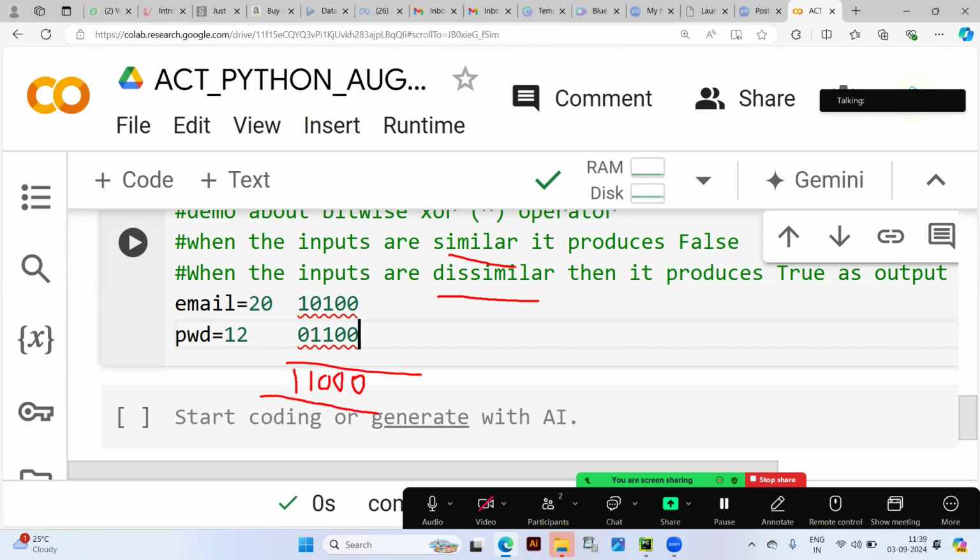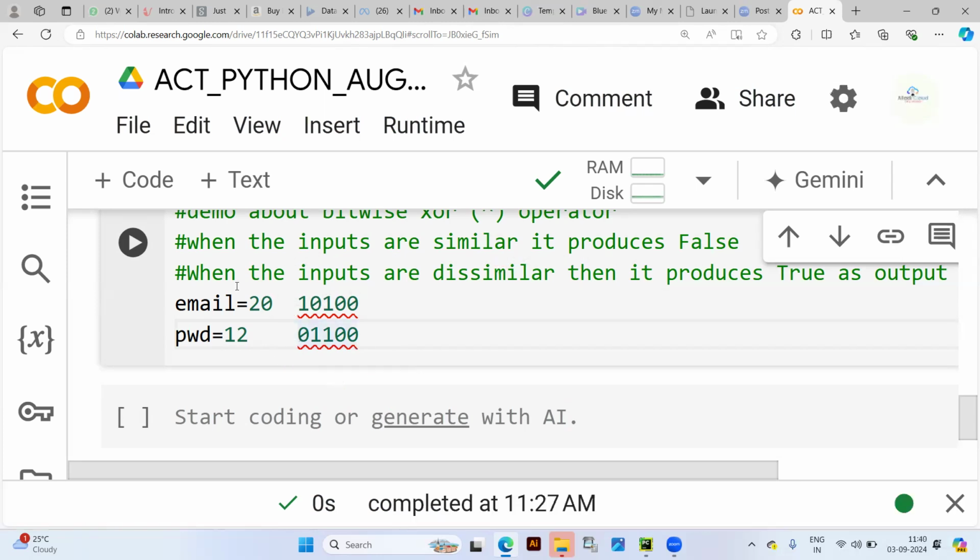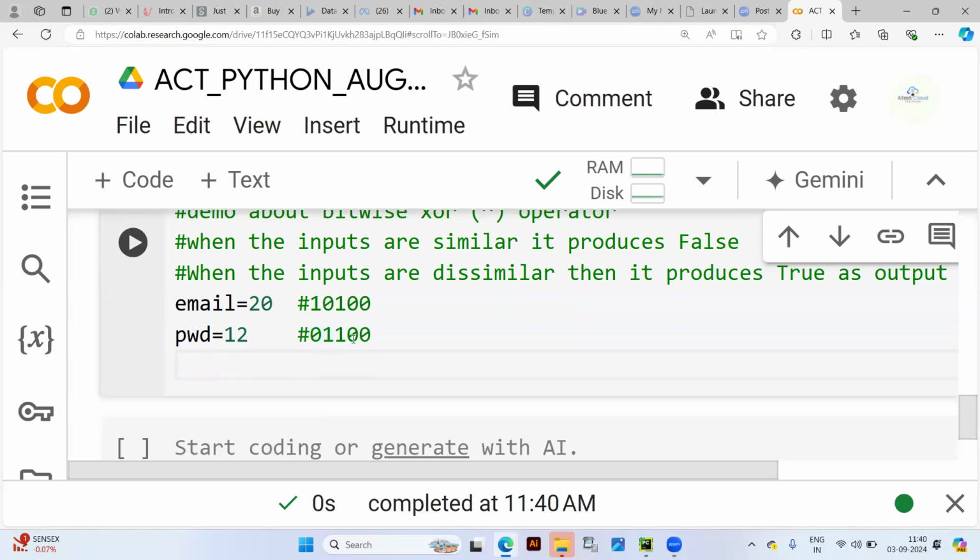Now, what is the output here? Obviously, 1 1 0 0 is equivalent to what? 16 plus 8, 24. You see the output now? We need not be bothered about it. We can execute such a way that this program will give the output to you. Sorry, we haven't performed the operation, right?